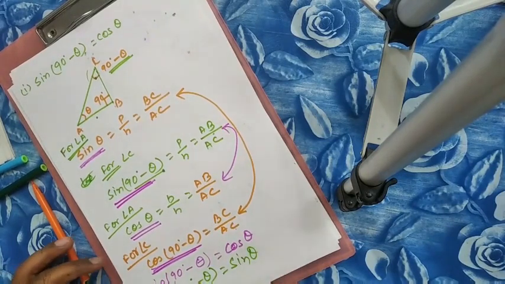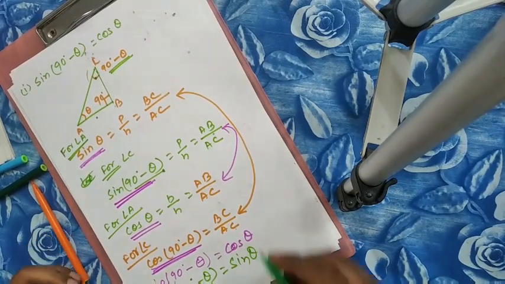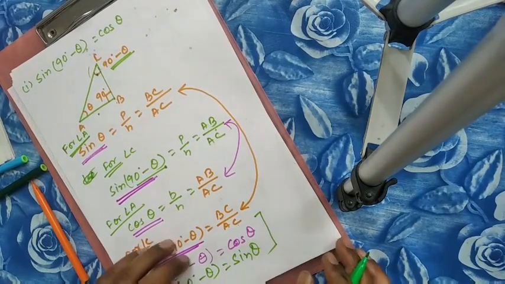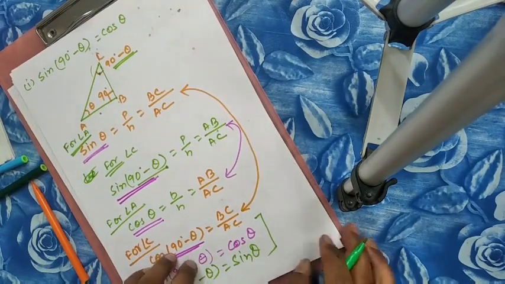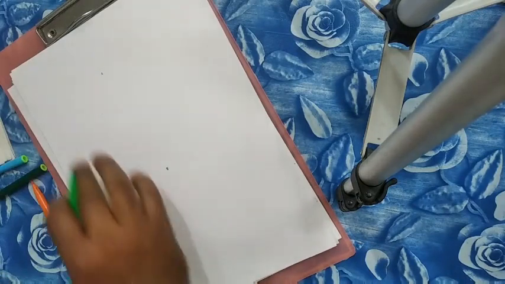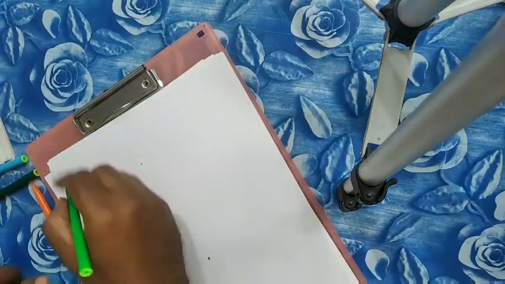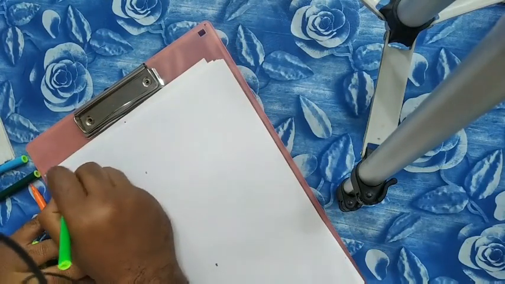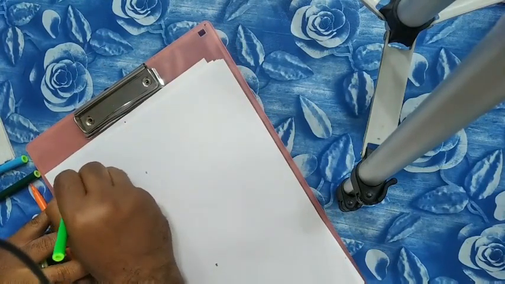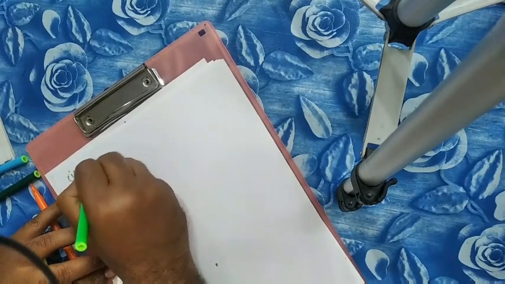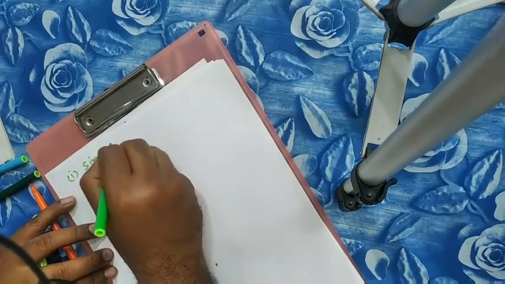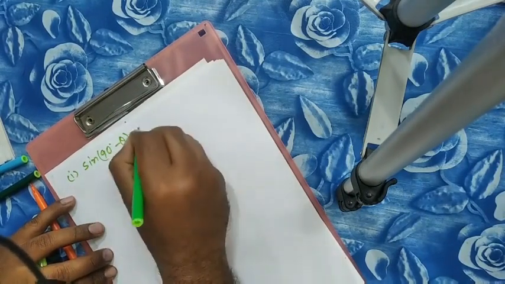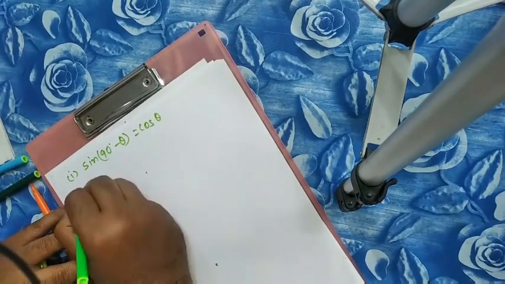Like that we can calculate every formula. From here we will write all the formulas. First of all, you will have to learn these formulas so that you can calculate as fast as possible in the examination hall. First formula is sin(90 degrees minus theta) is equal to cos theta.